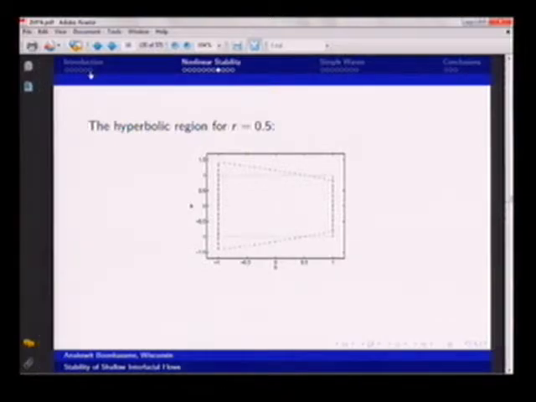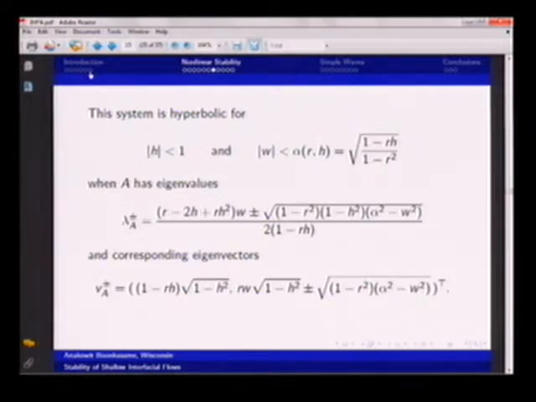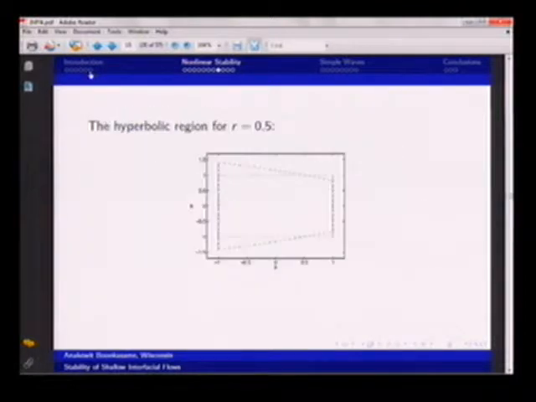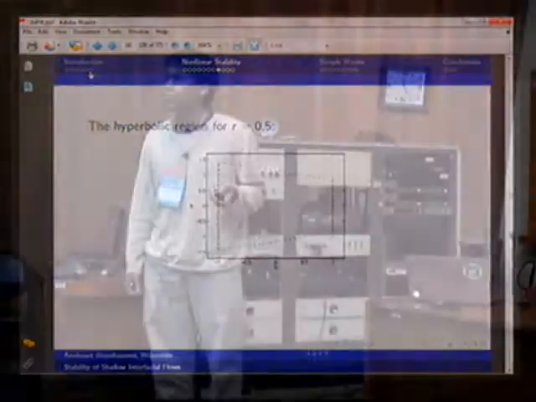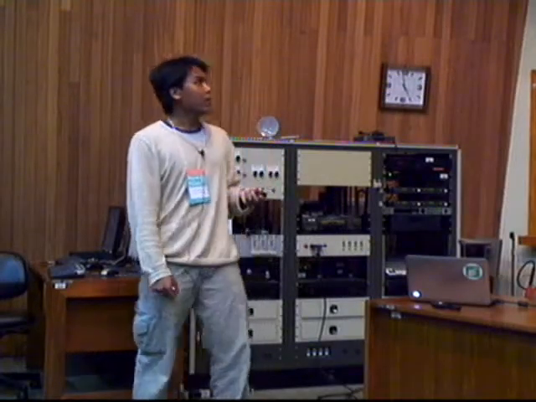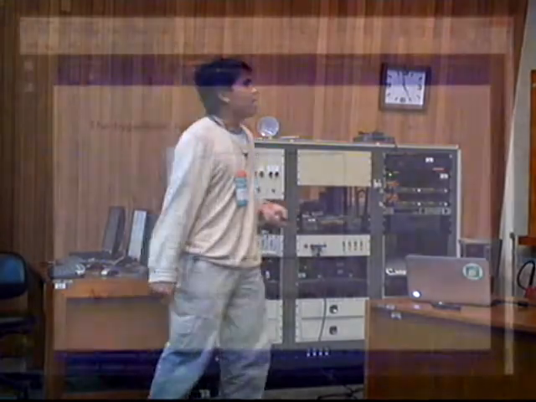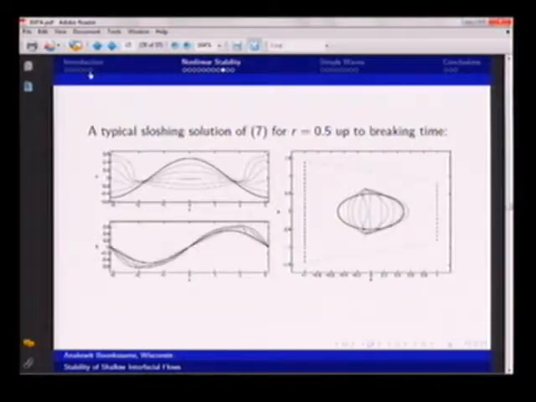You can also see by looking at this expression for alpha that if you let R go to 0, you get alpha equal to 1. So you get the hyperbolic region for the system with the Boussinesq approximation. All right, now let's look at some typical solutions of the system.